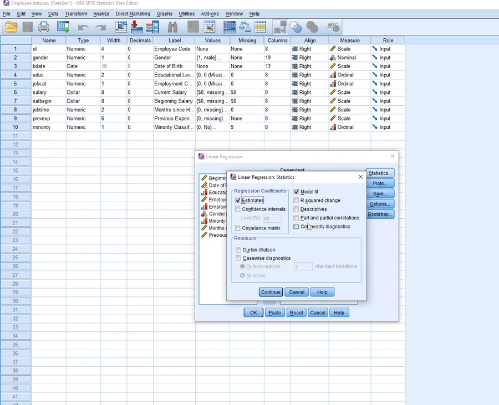So you can introduce other types of results output, like, for instance, the diagnostic tests, the pre and post estimation.